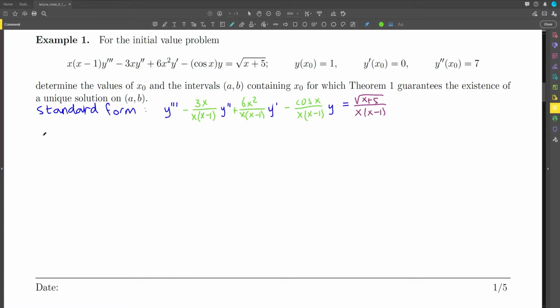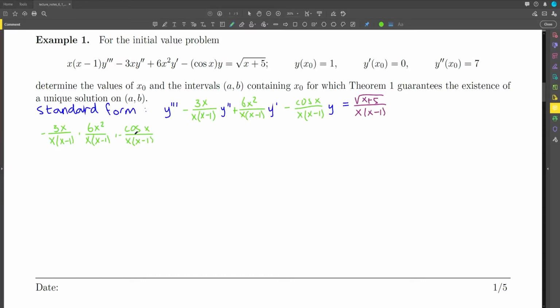So let's take a look at these three functions, right? We have negative 3x over x times x minus 1, and then 6x squared over x times x minus 1, and then cosine of x over x times x minus 1.